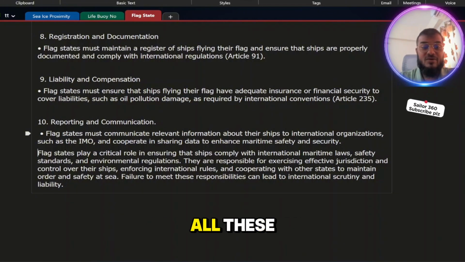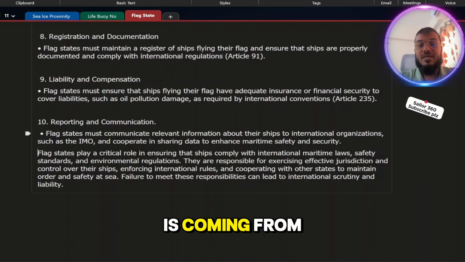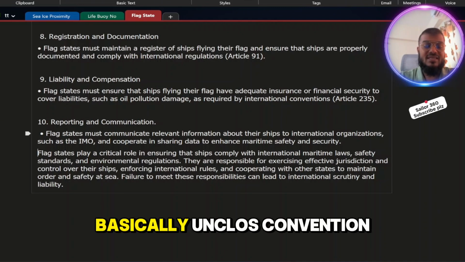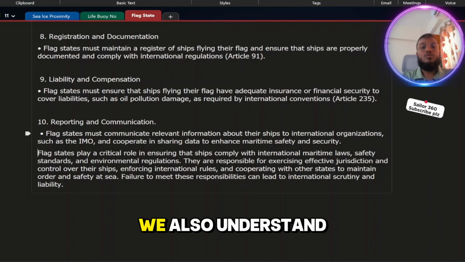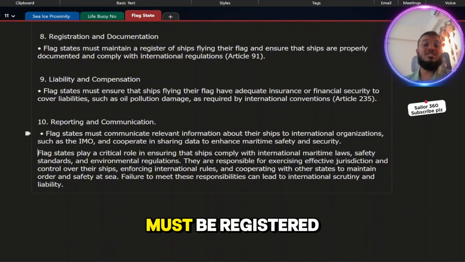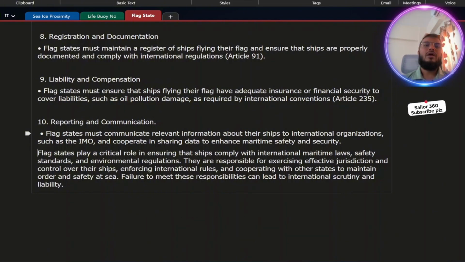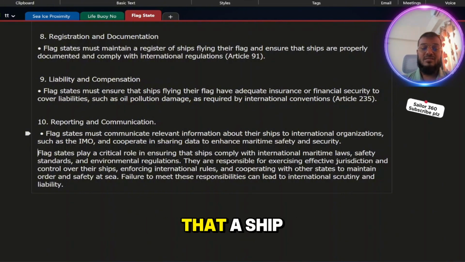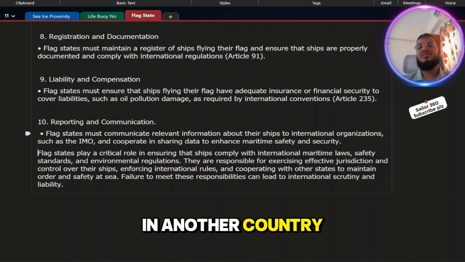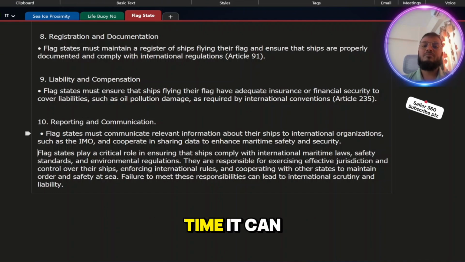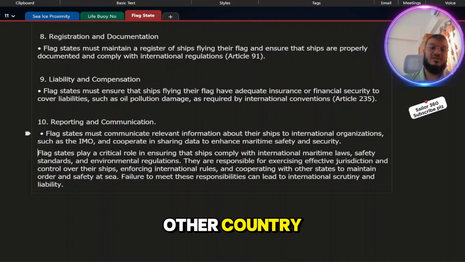So we understand all these matters from where it is coming. It is coming from UNCLOS, basically the UNCLOS convention. We also understand that a ship must be registered under a flag. At the same time, a ship can be built in another country, and at the same time it can take the flag of another country.